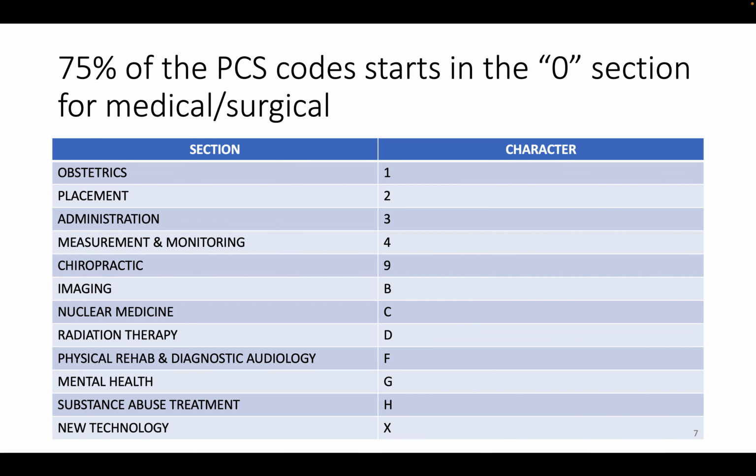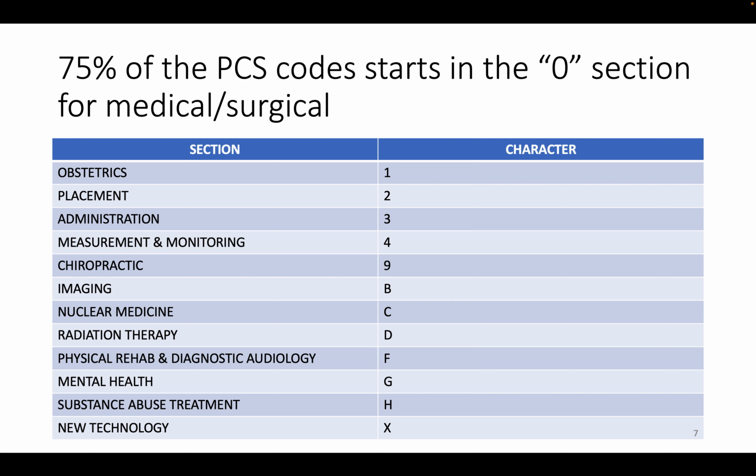75% of all PCS codes start in the 0 section for medical surgical. So most of your procedures are going to be in the medical surgical, so they're going to start with a 0.